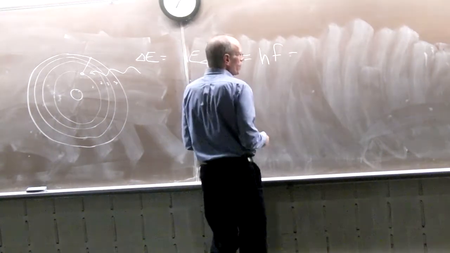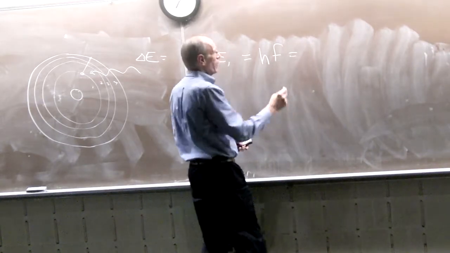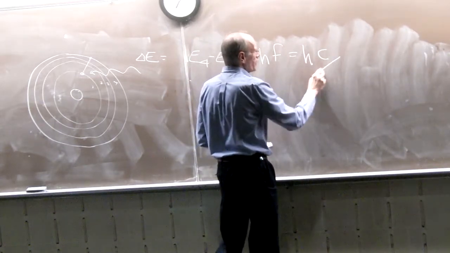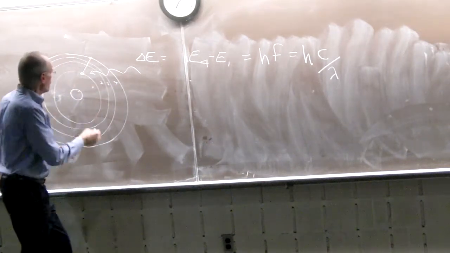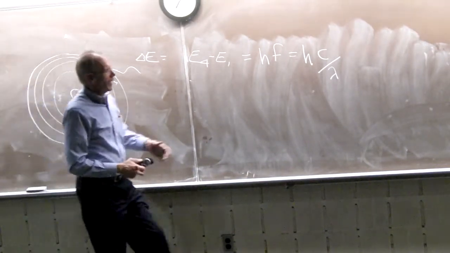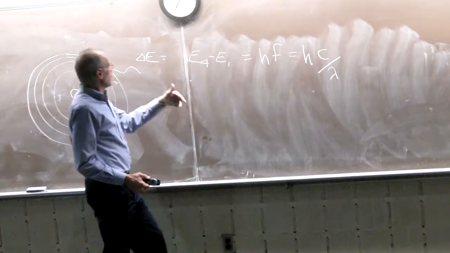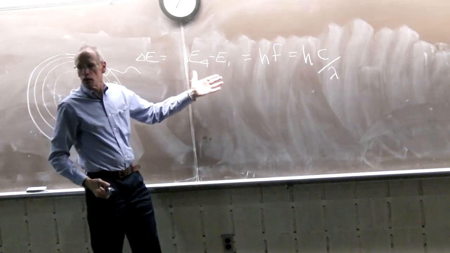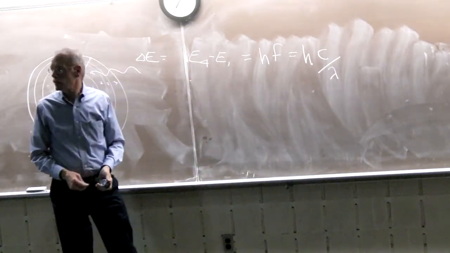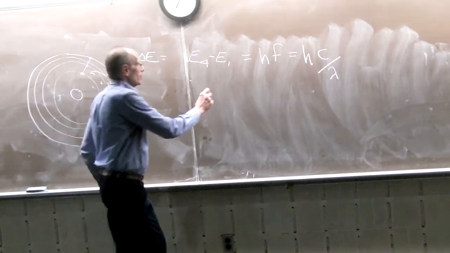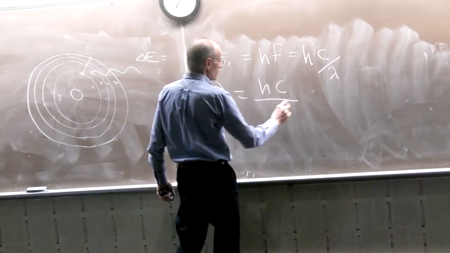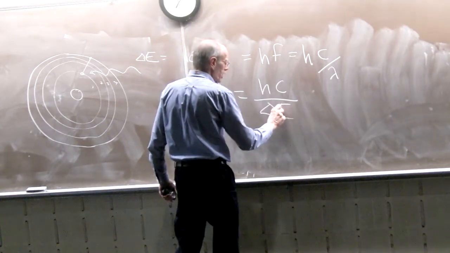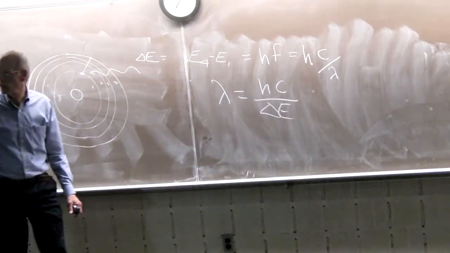But frequency is related to wavelength: h, speed of light over wavelength. So to jump from the first to the fourth, it has to have a wavelength that makes this equal. So the wavelength would be equal to hc divided by the change in energy it needs to jump up.